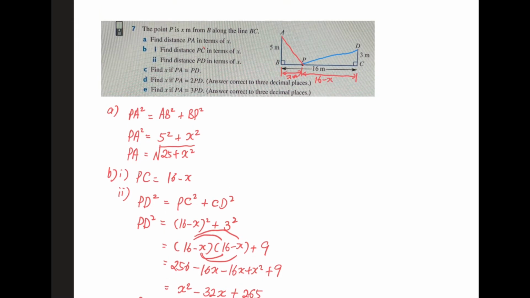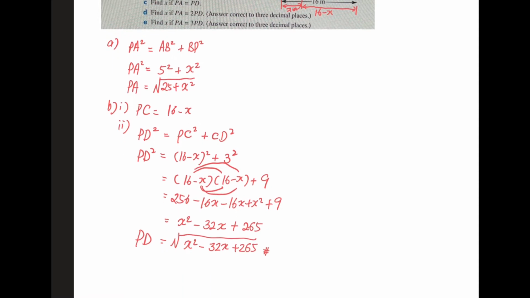Now we look at part C. Find x if PA equal to PD. PA is this one, PD is this one. So now they are saying that they are equal.